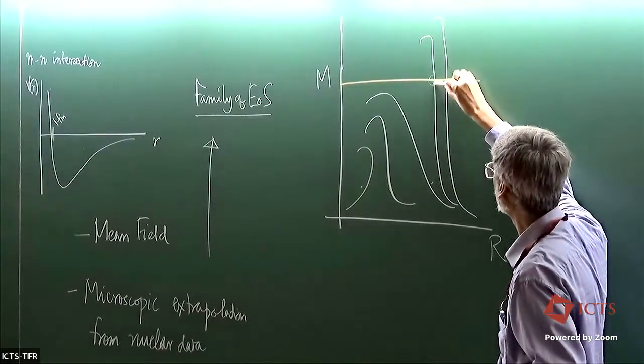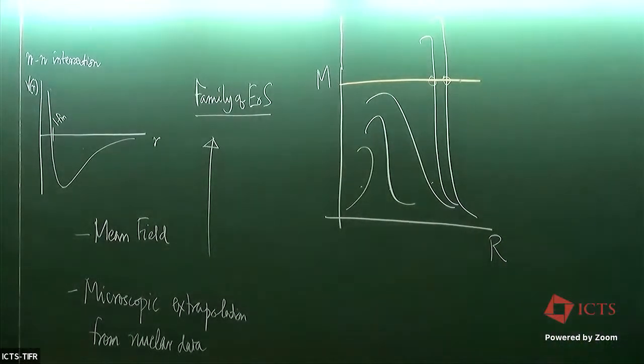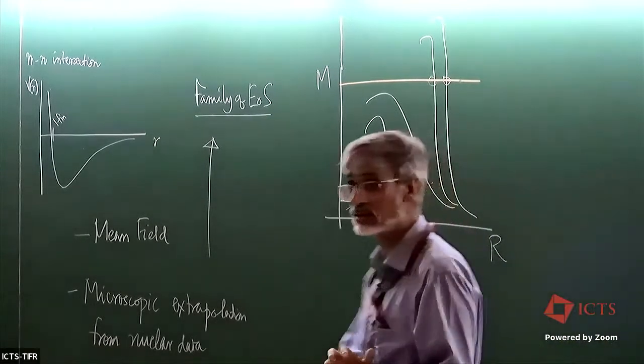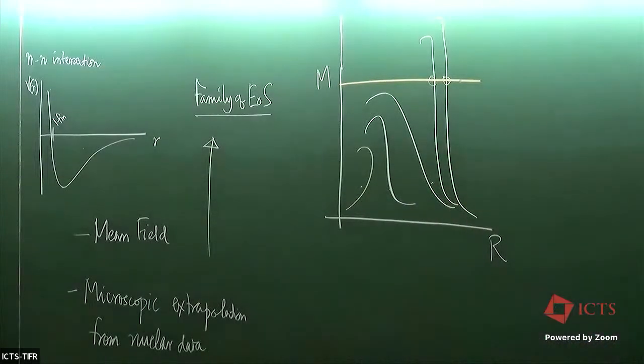So we may be able to tell between this equation of state and that equation of state. It's not that we have actually achieved that goal very well yet, but that is certainly a direction where neutron star astrophysics is striving to go.